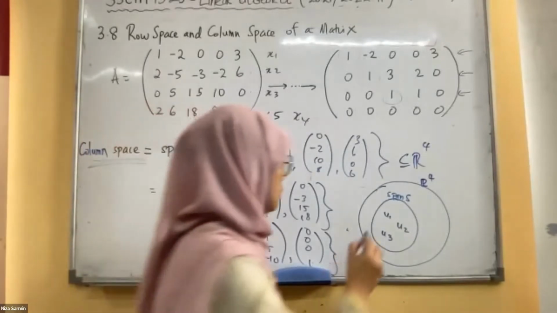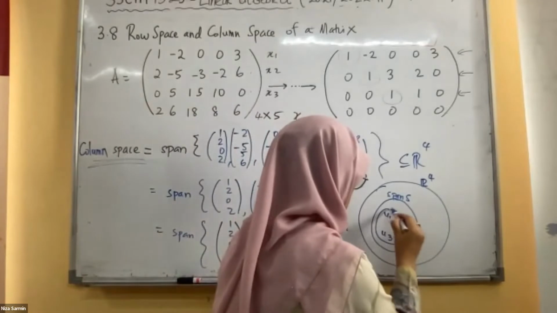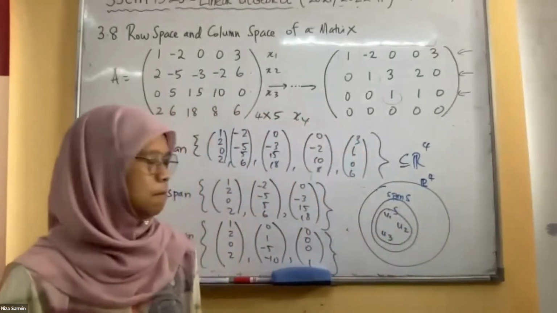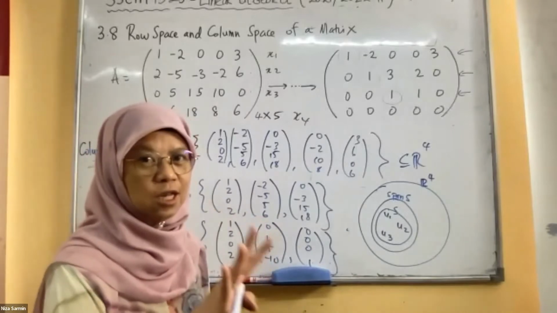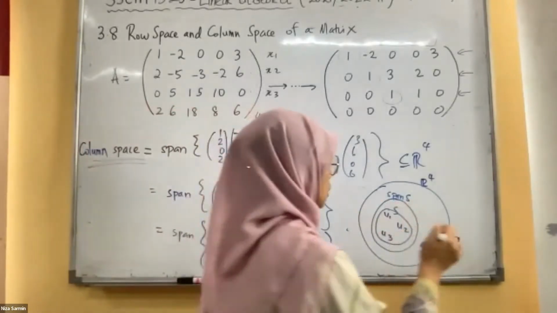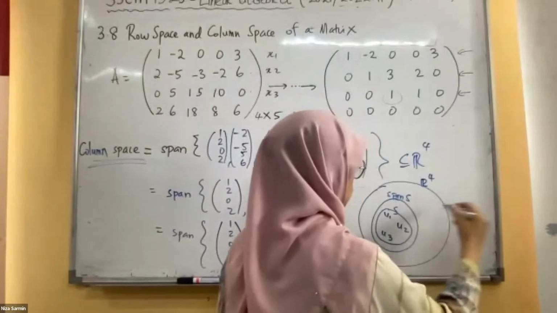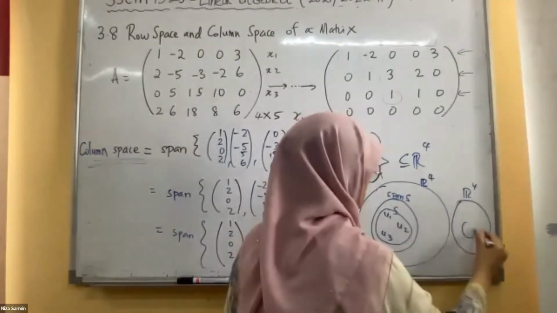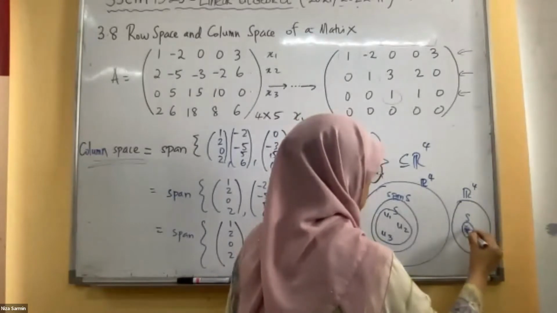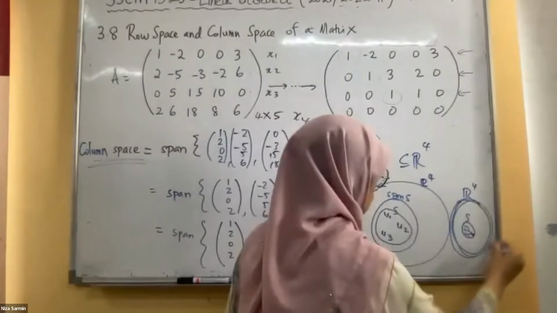Span S, S is here. This is S. If you have 4 linearly independent vectors in S, 1, 2, 3, 4, span S is the whole R4.